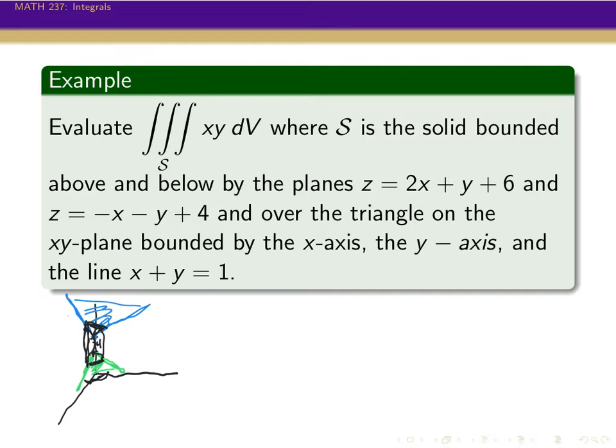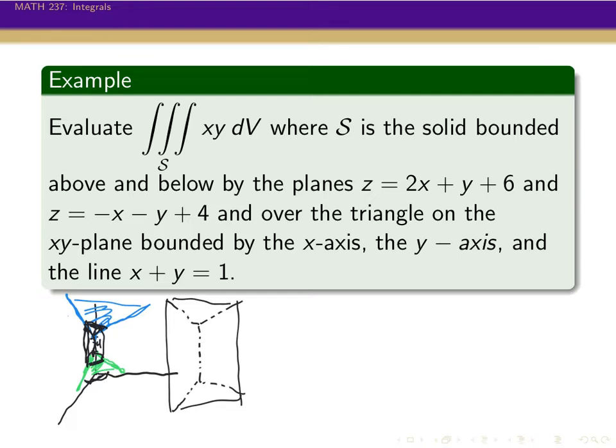So if I zoomed in on that, it would look roughly like that. Where, let's see if I can dot some lines here. These are sort of on the inside. Okay, so that's roughly what the solid looks like.